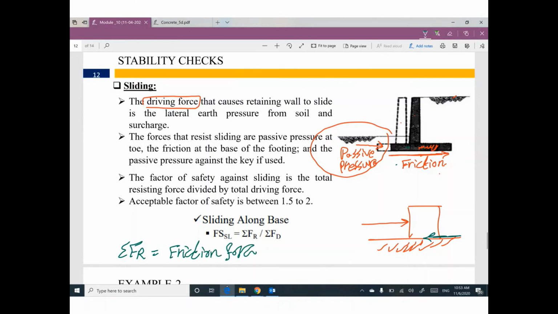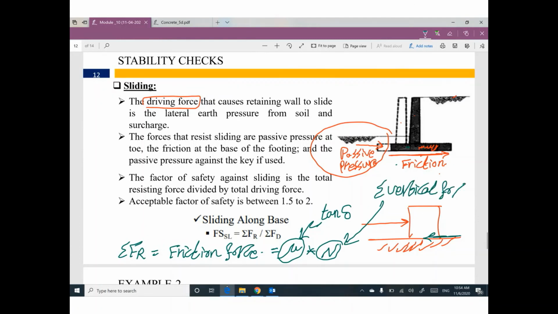Do you remember what was the value of friction force? Mu times N. I covered this topic today in the engineering mechanics class. Mu, friction coefficient, equals tan delta. N, summation of all vertical forces on the contact surface.